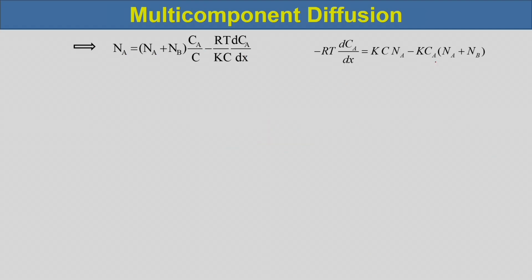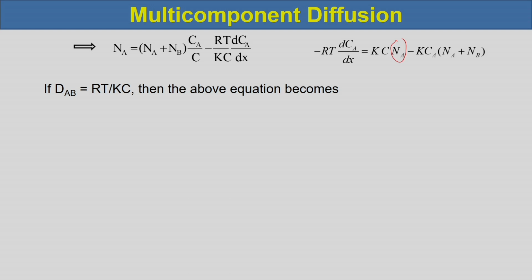Now, rearranging, we can write the flux Na equal to Na plus Nb into Ca by C minus RT by kC into dCa/dx.